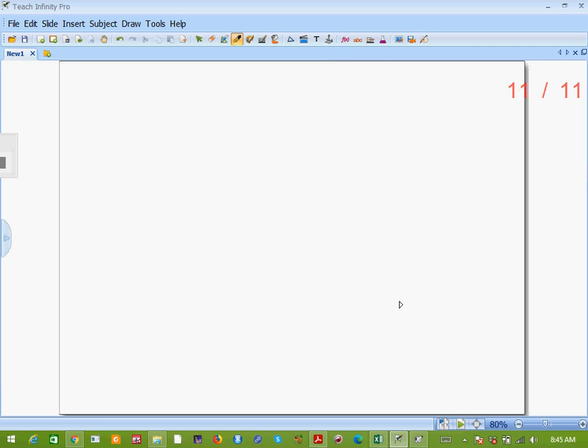So from our example, we know our mean is 40.51.